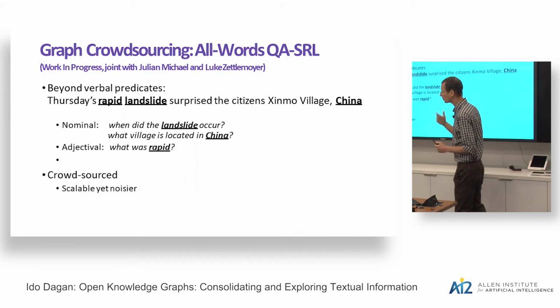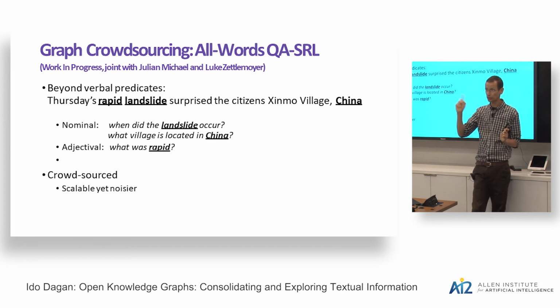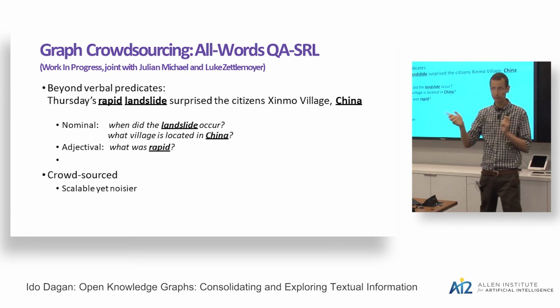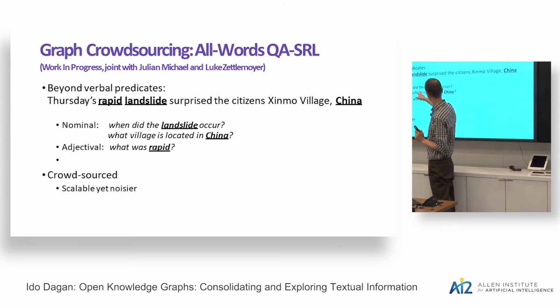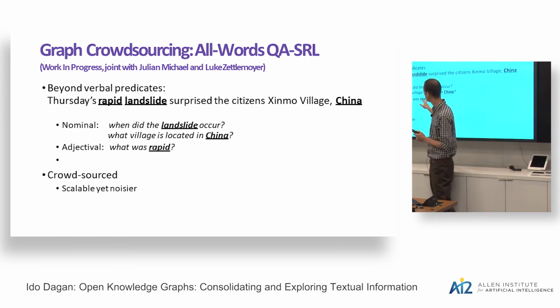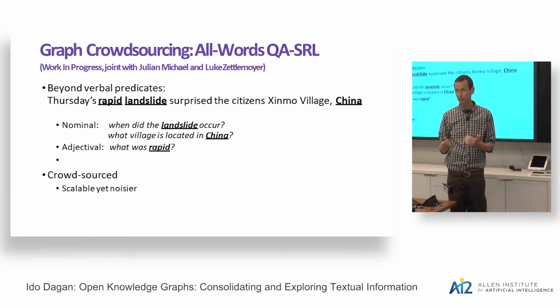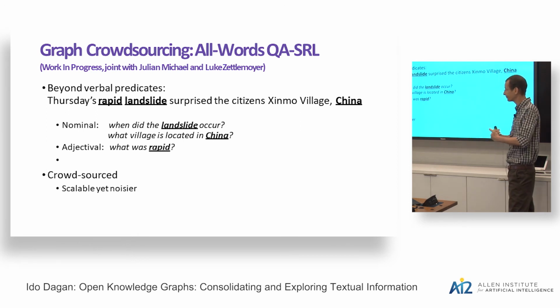So the idea is to take the original QA-SRL that was restricted to verbs, extend it to all words, to try and identify through question answers all semantic relationships between word pairs in the sentence. Like, when did the landslide occur? On Thursday. What village is located in China? This village, etc. So these are nominal relationships or adjectival relationships. What was rapid, etc. So the crowdsourcing has to be extended not to address only verbs, but any kind of word pair.